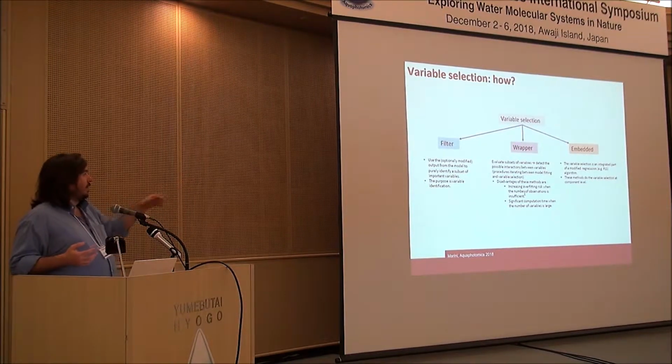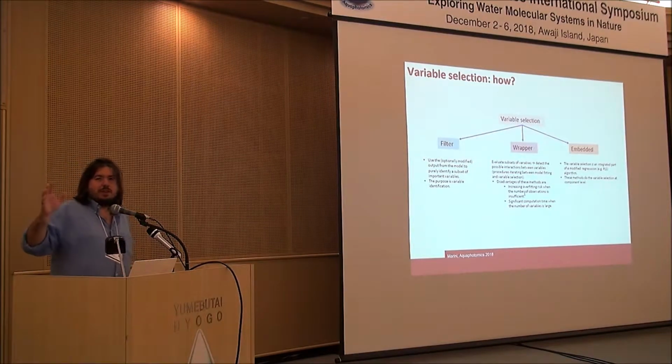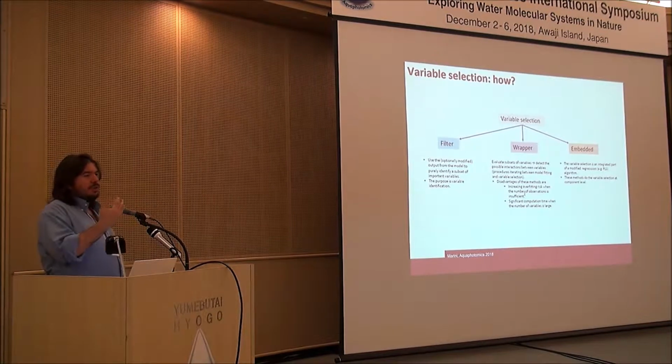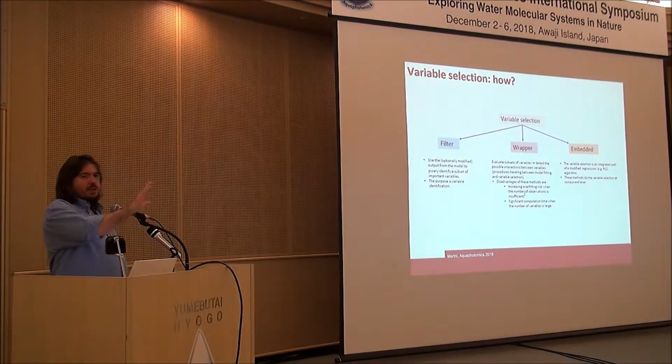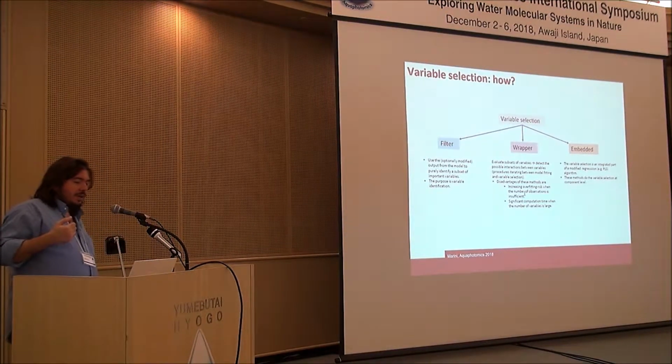Here you may see that, especially in the recent literature, they are classified according to their main characteristics. Some use model parameters a posteriori as a filter, for instance the use of VIP scores, the use of selectivity ratio, and so on.